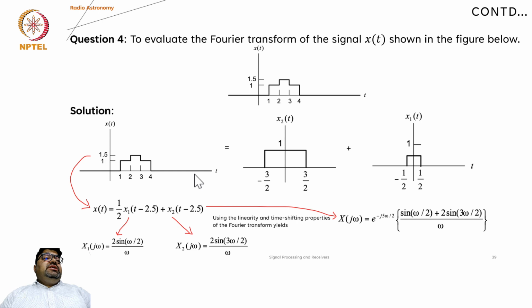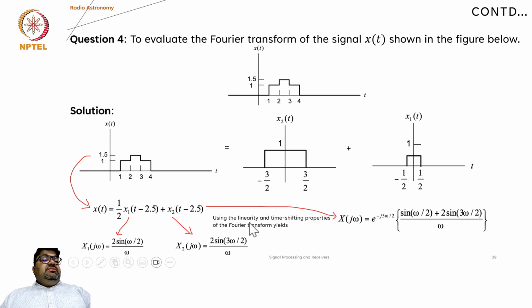In this question, we have a composite of several square waves, and so if you do the solution using linearity and time shifting properties, you finally can derive the Fourier transform of the given function as X(j omega) equal to e to the power minus j 5 omega by 2 times [sine(omega by 2) plus 2 sine(3 omega by 2)] by omega.